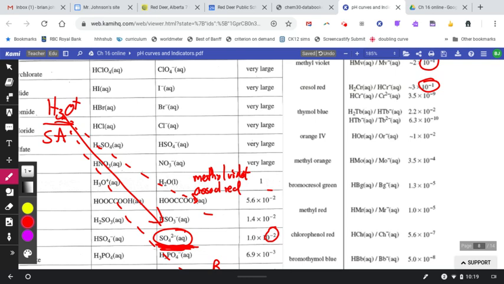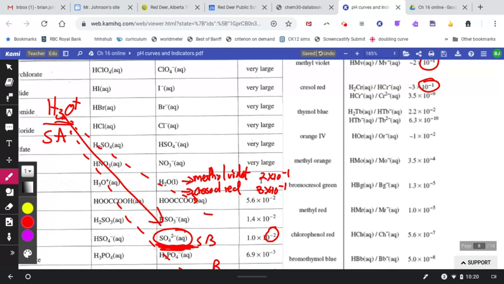They would sit right here. 3 times 10 to the -1 and 2 times 10 to the -1. So strong acid attacks our strongest base, and then it attacks whichever one of those I choose to use.